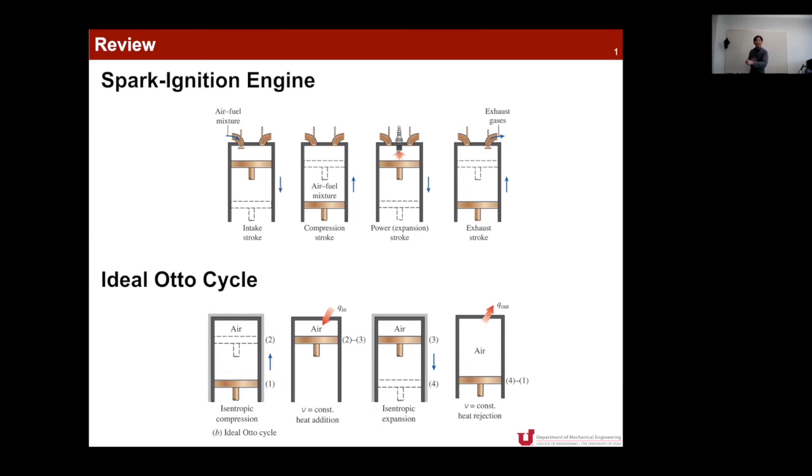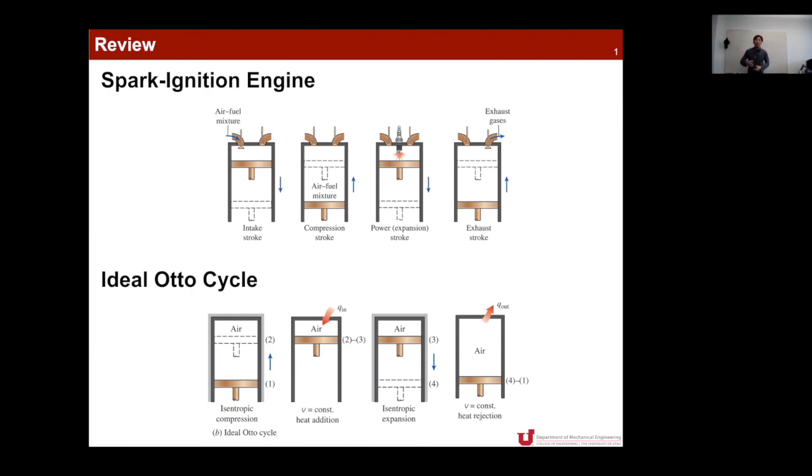The third process is the expansion process, which is also ideal. So this expansion process should be an isentropic expansion process. And the last process is the heat rejection process, which models the exhaust blow-down process in a real engine.